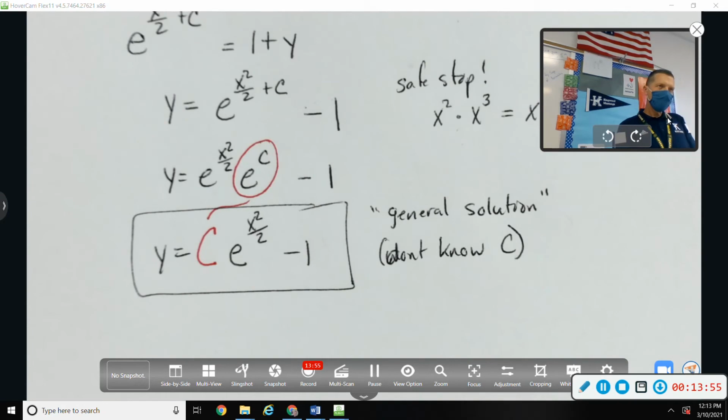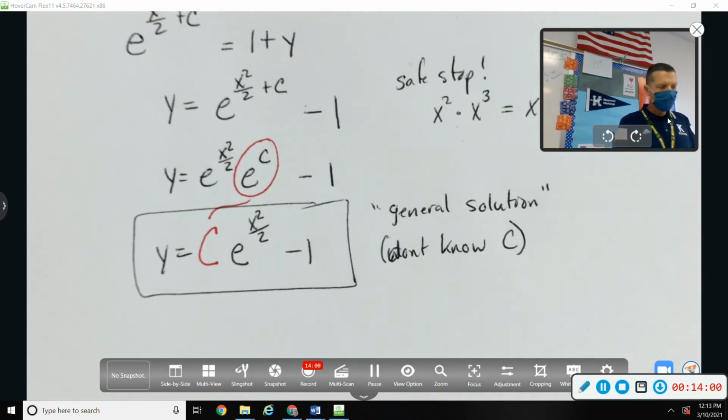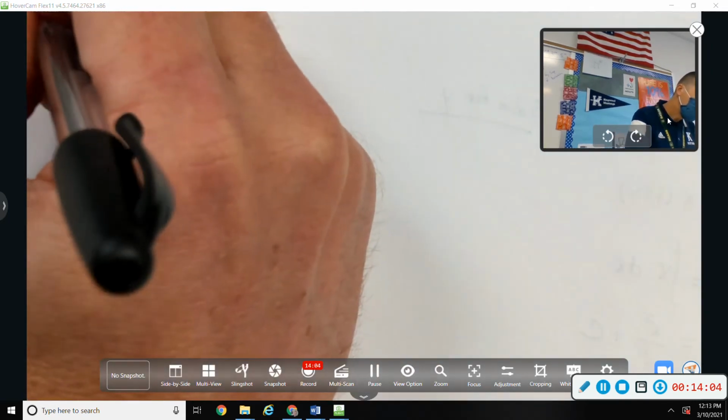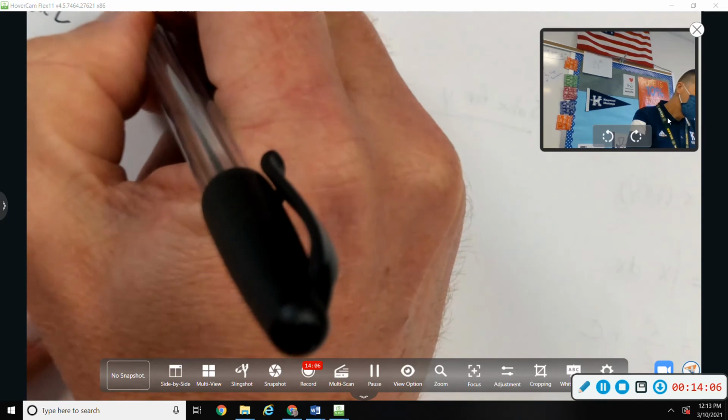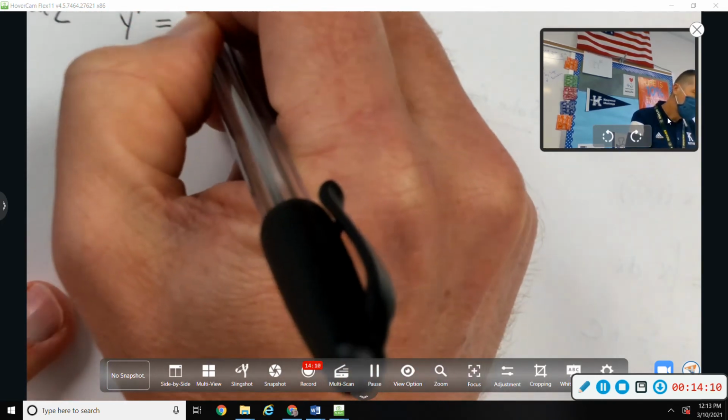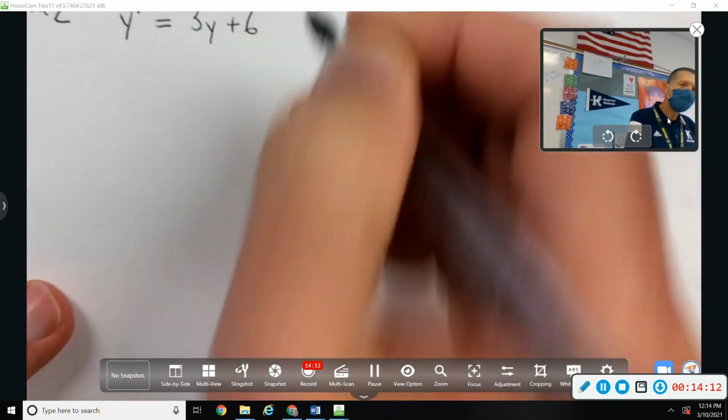Questions on that one? Separate the variables, integrate both sides, algebra. Let's do another one. Y prime equals 3y plus 6.